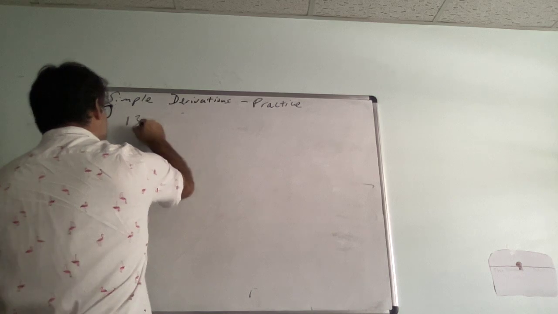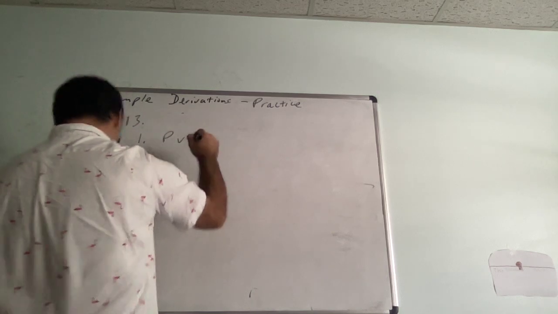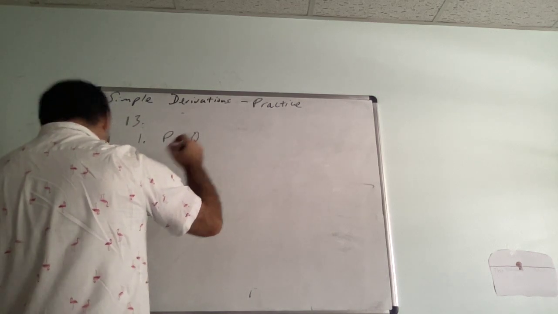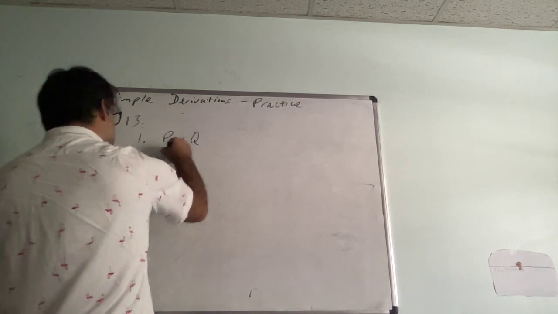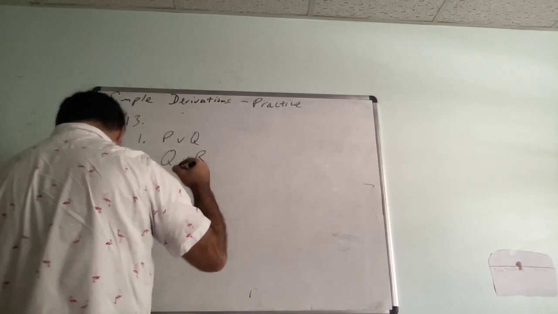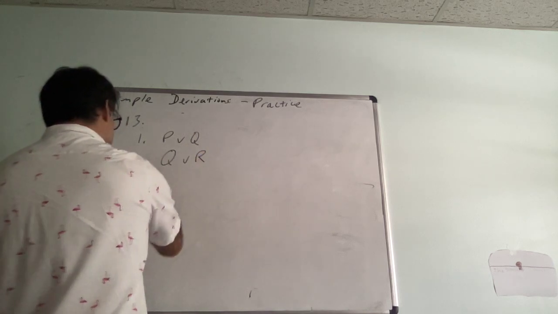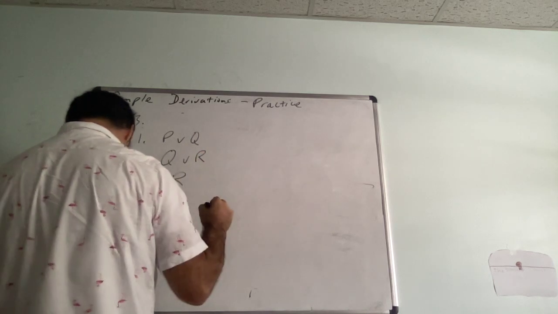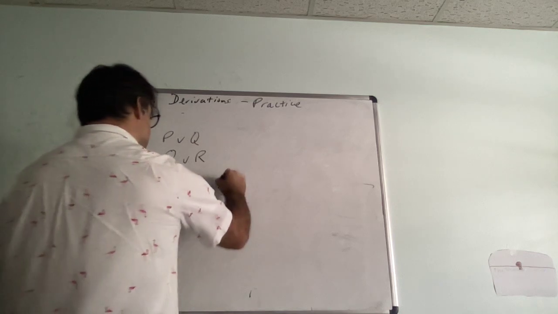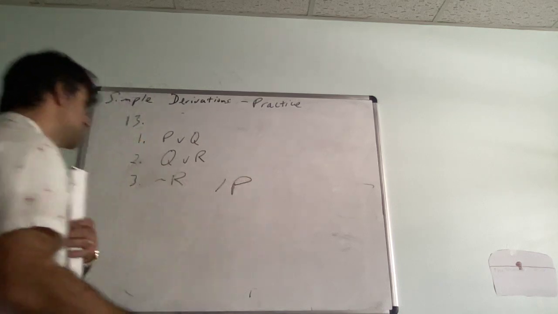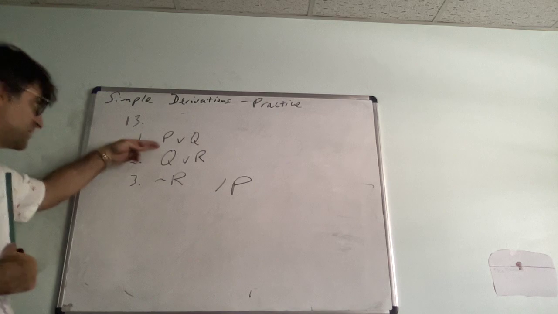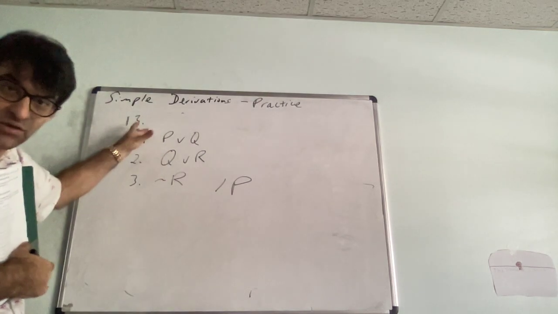P or Q, it's premise 1. Q or R, and then we'll deal with some of this double negation stuff. Not R, therefore P. Again, you've got some OR statements. You always need an OR and an arrow statement.